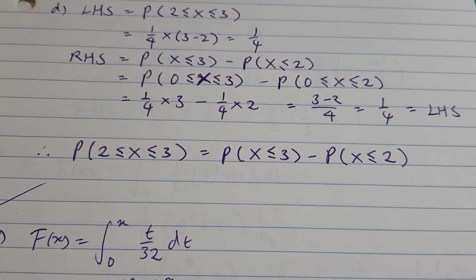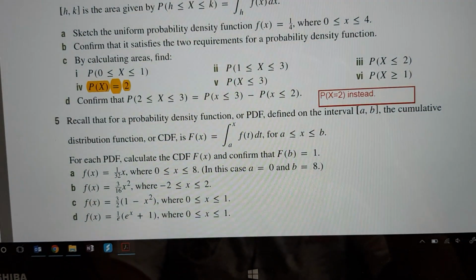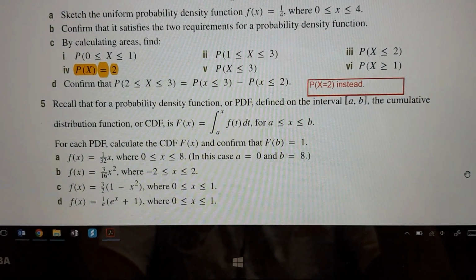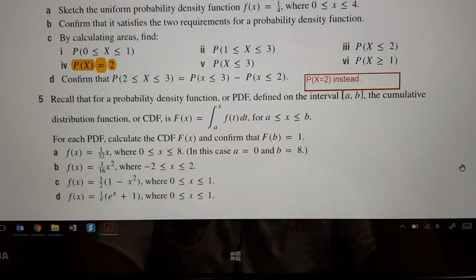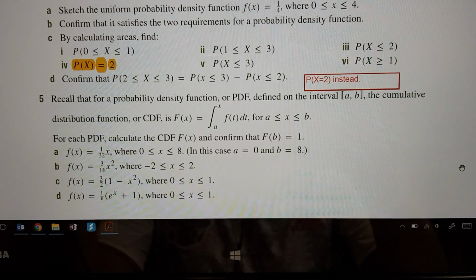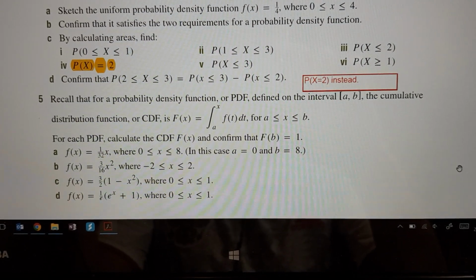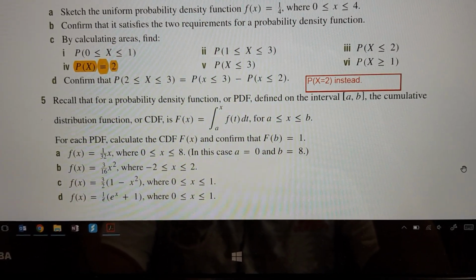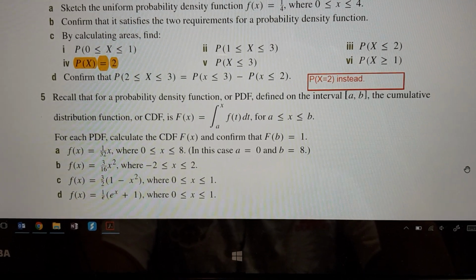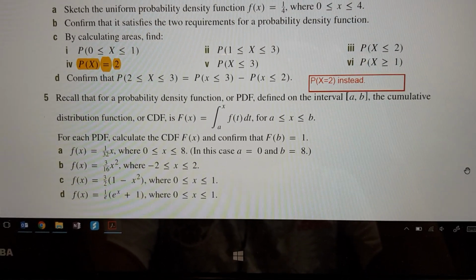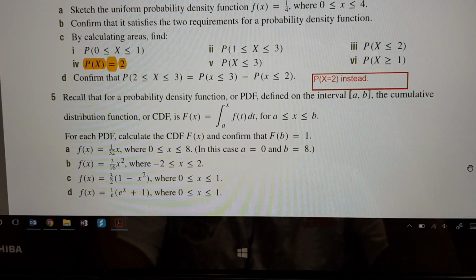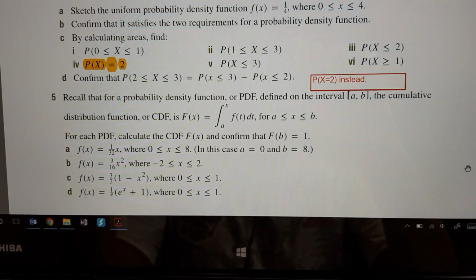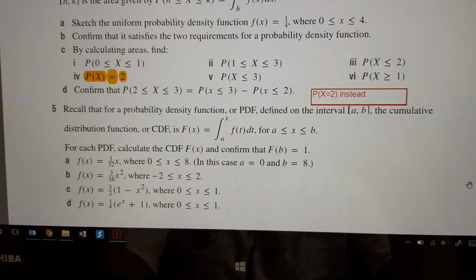All right. Okay, now question 5. So going back to the question, that's what the question is asking you to do. So that's the cumulative distribution function as defined in the integration form. And you have to calculate the actual CDF as a function of x and then confirm that F of b is equal to 1.